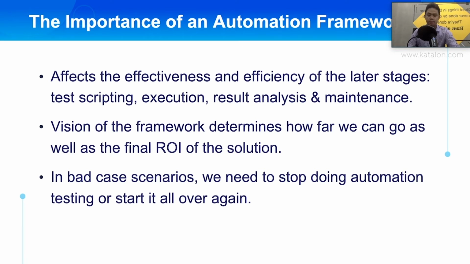But when you have 100 or 1,000 tests, you will see how the automation framework plays its role at that time. So if you don't have a good automation framework in the beginning, you might end up with explosive maintenance efforts, and will eventually stop doing automation testing because it no longer meets your delivery need, or you need to do it all over again with a new framework.